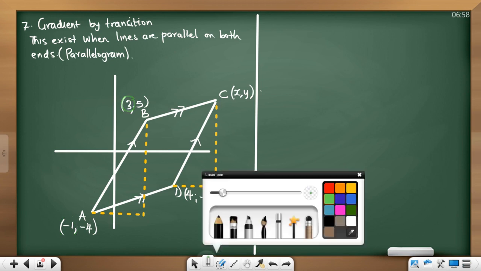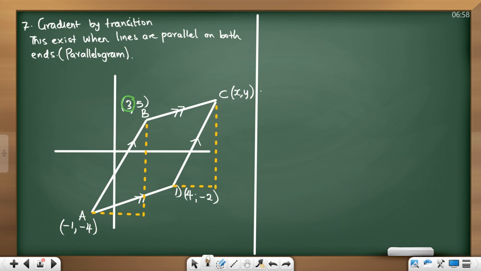Here, x value, let me use a yellow because it's not given. The x value is 3. Can you see that? Because it's a straight line. How many units have we moved? To get your number of units, you can just say right minus left. 3 minus -1. It means I have moved 4 units.